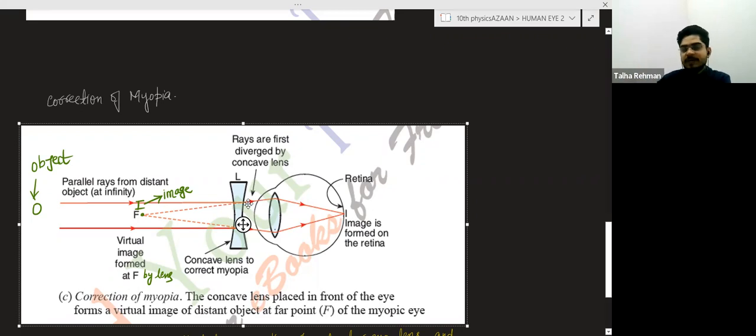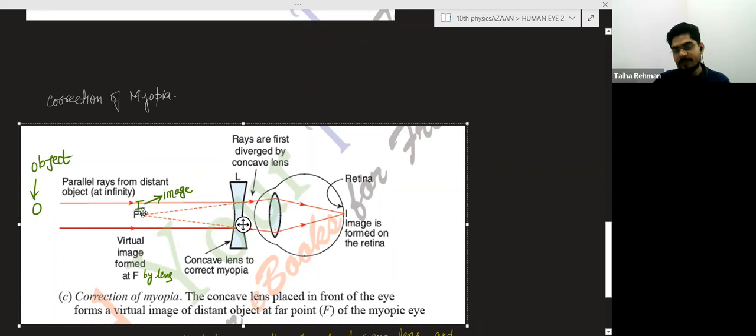We know that when we produce these diverging rays backward, we will get the virtual image of this object at the far point. This is the important point: at the far point of this eye. And this is a virtual image because we are just producing these rays backward. Here is the image of this object, and that image is the virtual image of the object.